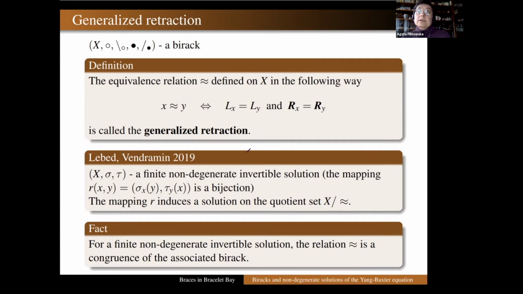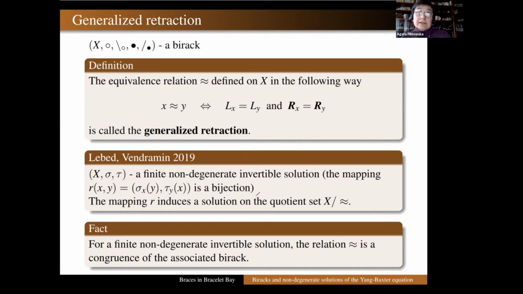Victoria Lebed and Leandro Vendramin considered a finite non-degenerate invertible solution, a solution in which the mapping R is a bijection. They showed that in this particular case, this mapping R induces a solution on the quotient set by this generalized retraction.